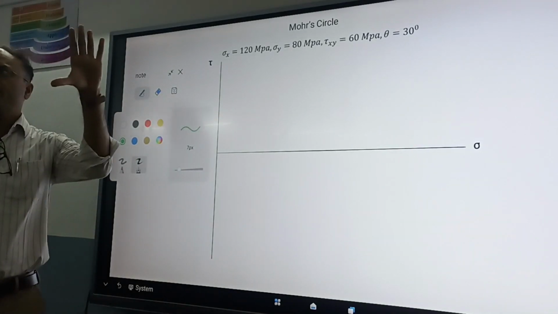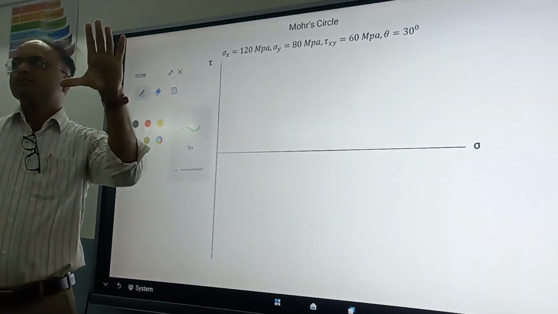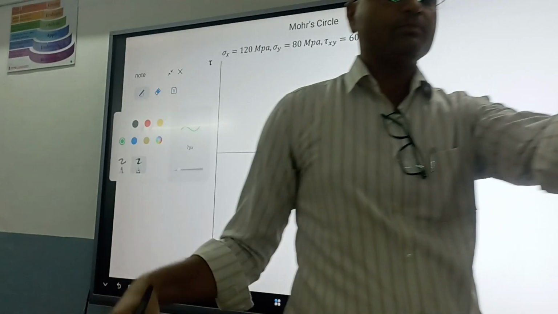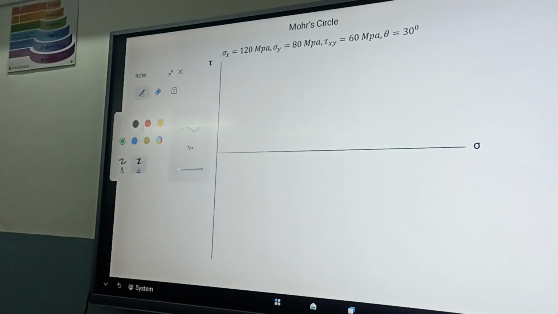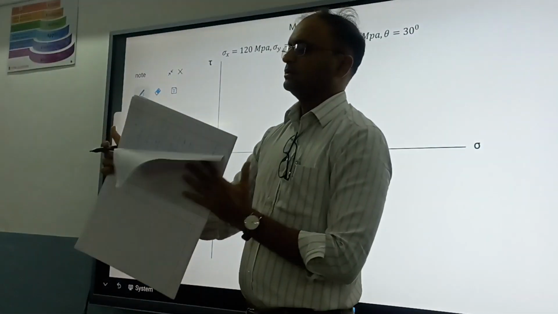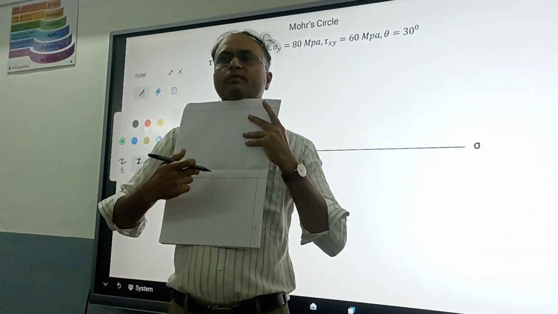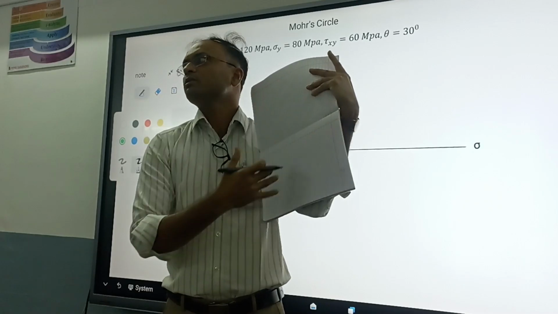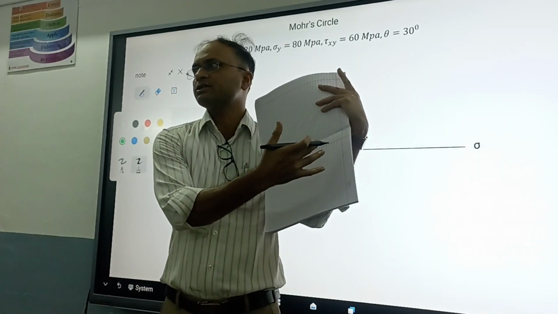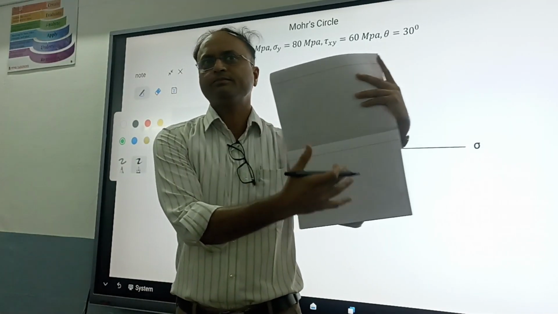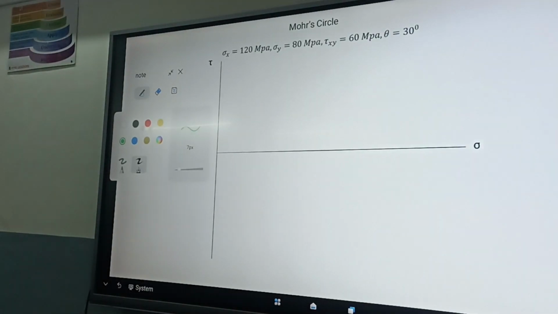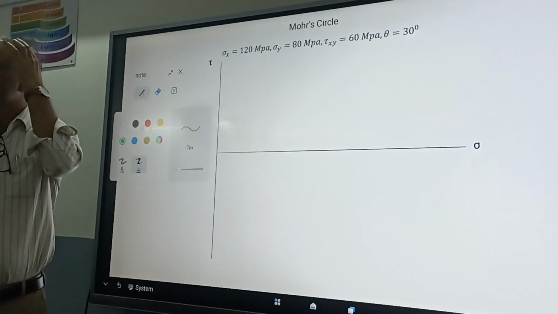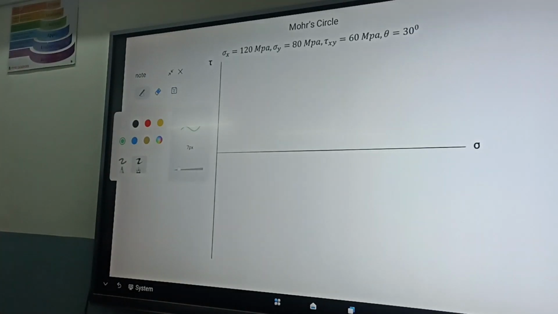While drawing it graphically, please draw it on a landscape page. What I mean to say, draw it like this. X axis, y axis here, because we need more space on the positive x side, positive x direction. Is it clear? Now we have to decide the scale for this.